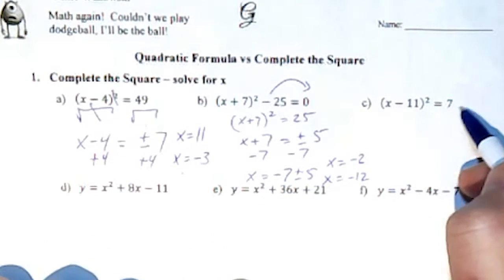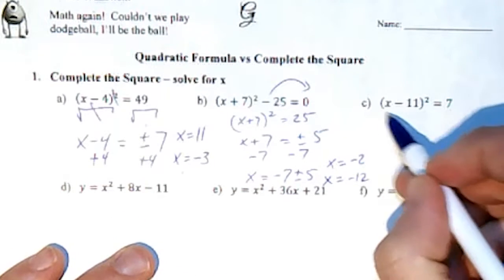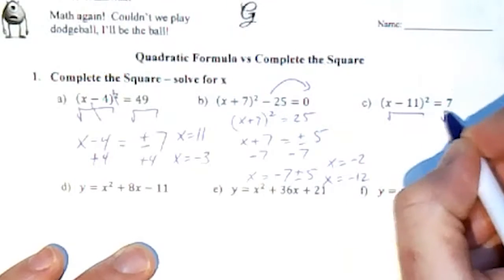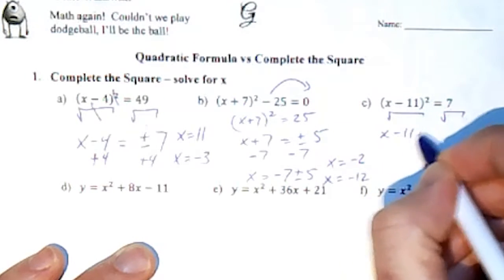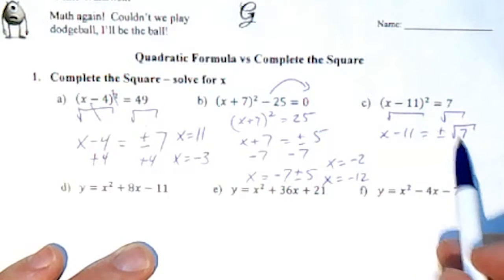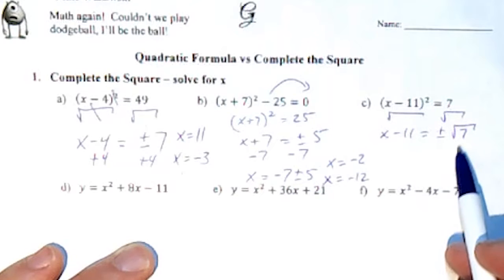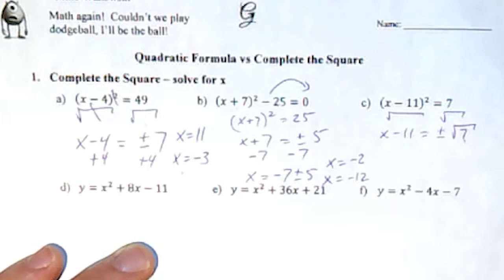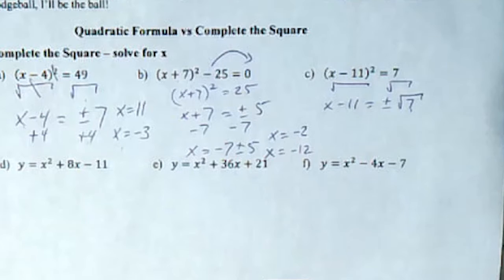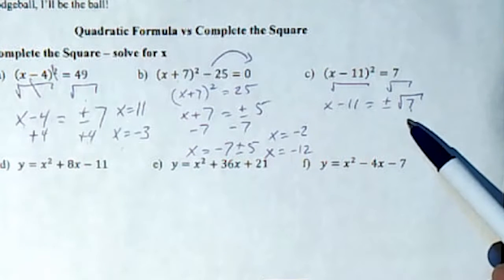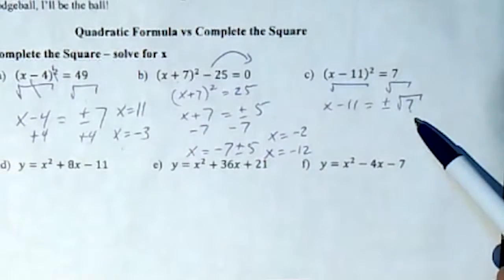This one here, the number's on the other side. There's nothing outside the brackets other than the exponent, so I start with the square root. Plus or minus, always. And this time, I don't have a perfect square. So this time I just leave it in the radical. So now that we've taken the square root, we realize we don't have a perfect square.